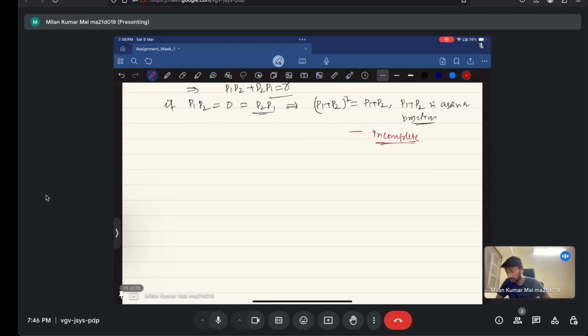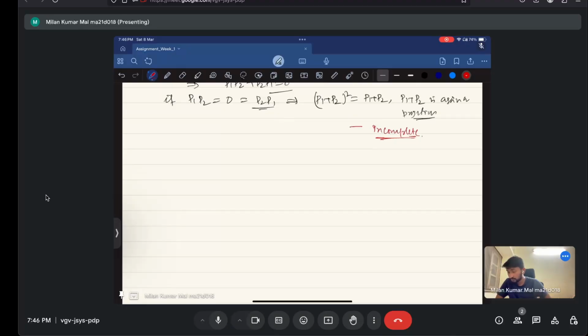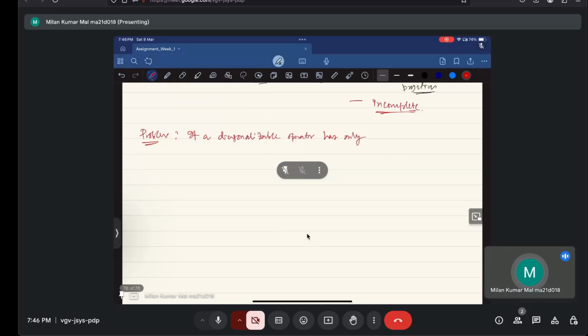Okay, this is interesting. The problem here says, if a diagonalizable operator has only the characteristic values 0 and 1, it is a projection.